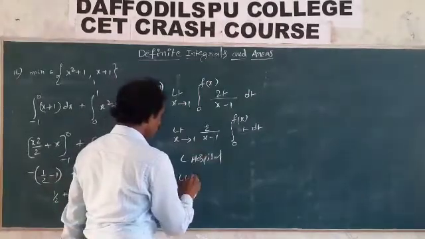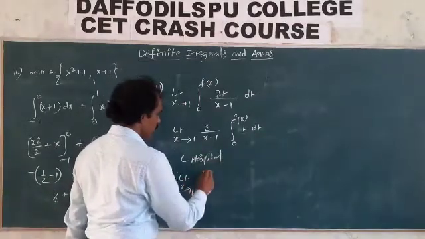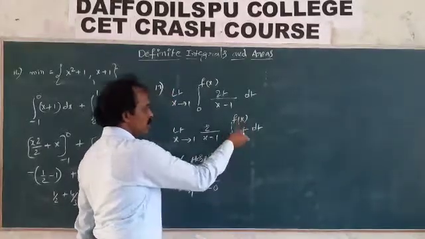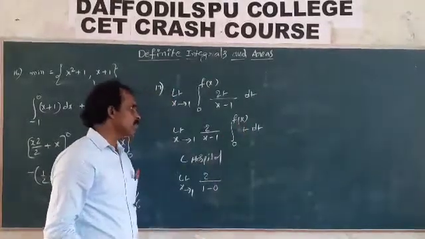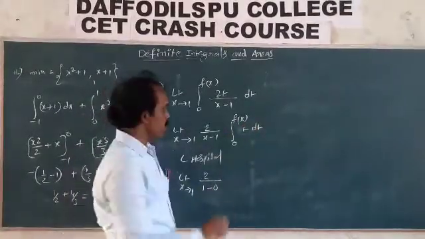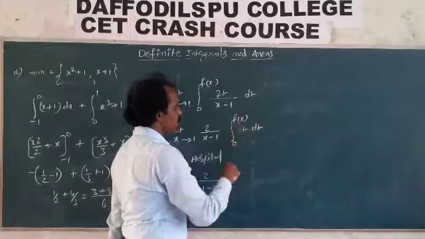So that implies limit x tends to 1, 2 divided by this value, which is equal to 1 minus 0. So this is also like the numerator function. Apply the Leibniz rule for the integration from 0 to f of x.